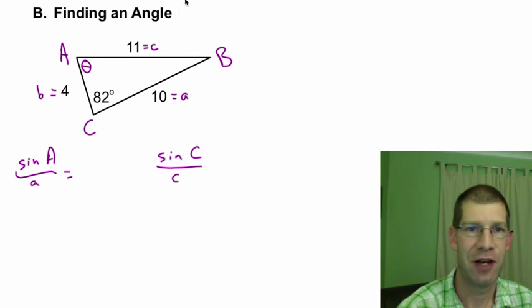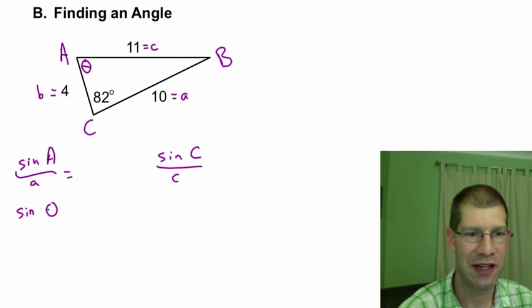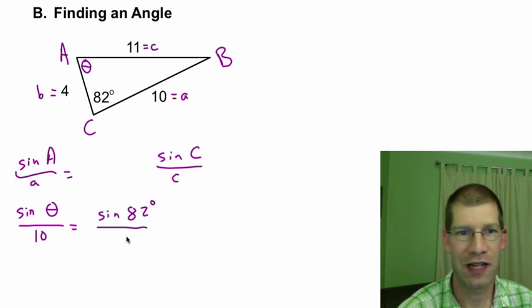Alright, so now if we just fill these in, so sine of A, some people leave it capital A, I like seeing a theta there, so sine of theta, divided by side A, so that's going to be 10, equals sine of capital C, so sine of 82 degrees, divided by a lowercase c, so that's going to be 11.